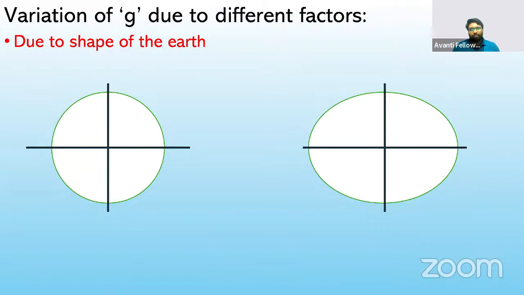So specifically we know the formula of the earth's gravitational acceleration g is G M_e upon R_e square. In the previous session we derived it, which comes out nearly 9.8 meter per second square, approximately, not exactly. And this is the gravitational field acceleration at the surface of the earth.